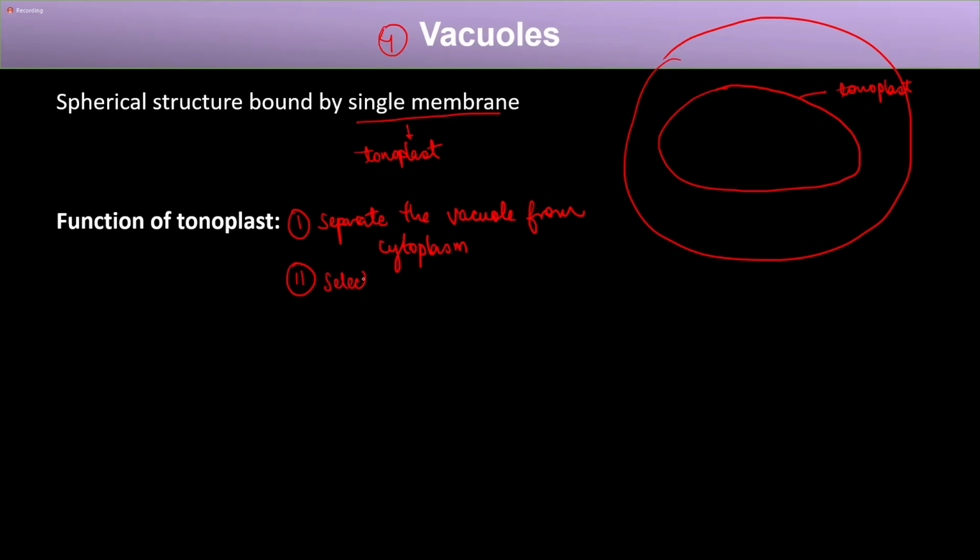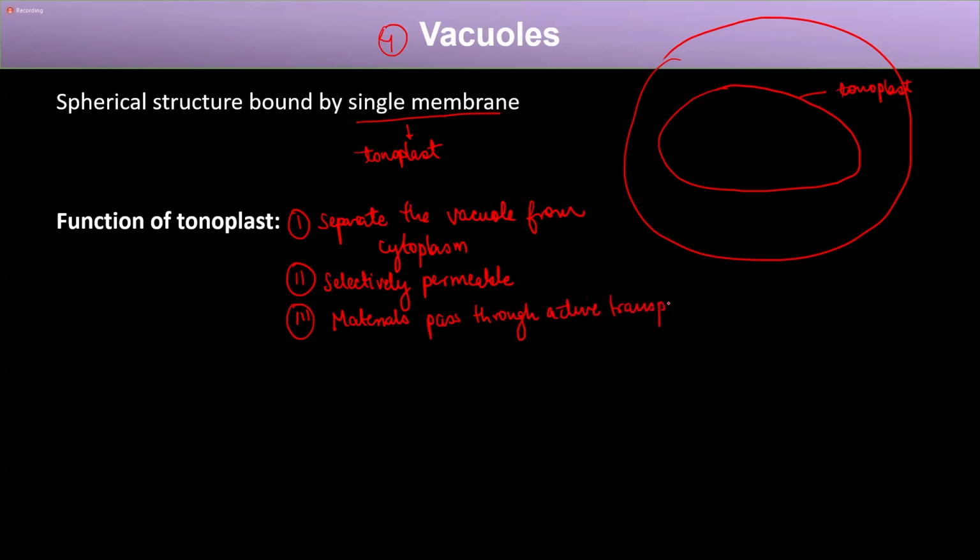Just like the plasma membrane, it only allows certain selective molecules to pass through it. The molecules pass through the tonoplast via active transport.